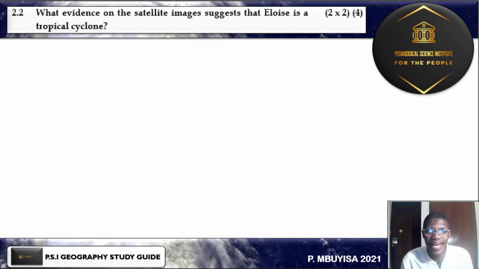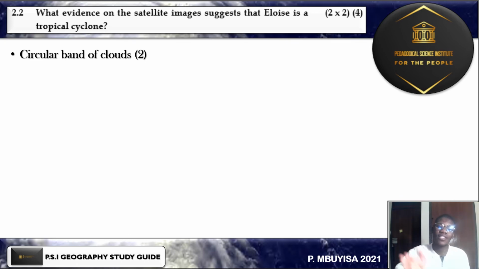And then 2.2, what evidence on the satellite image suggests that Eloise is a tropical cyclone? So we had the label A, remember that. So the label A is showing you that we have a tropical cyclone that has an eye. So A is an eye, so that is evidence to say that it's in the mature stage.